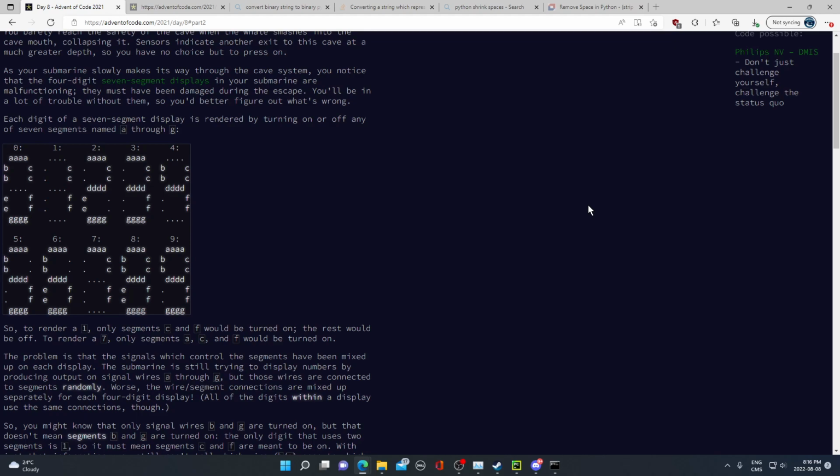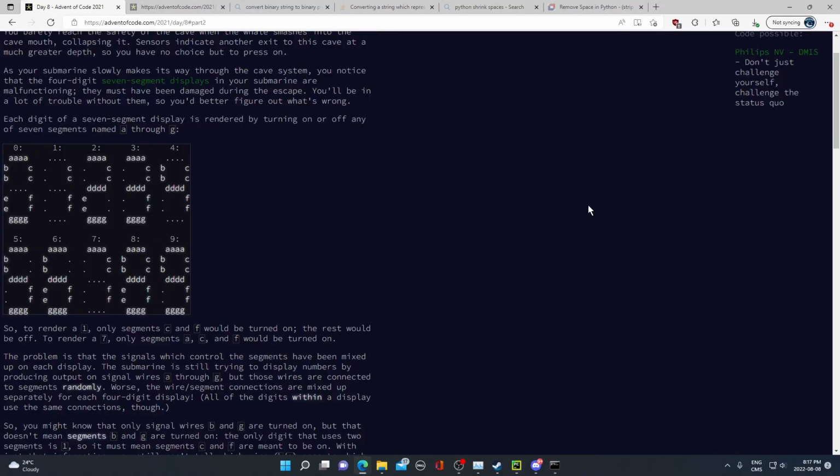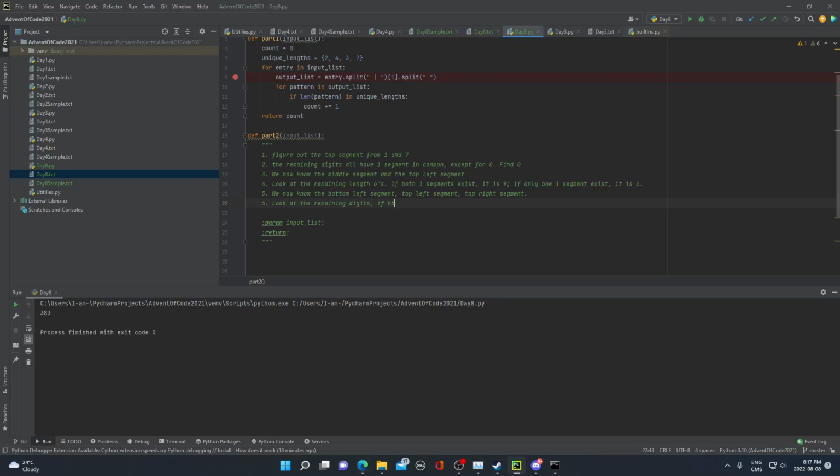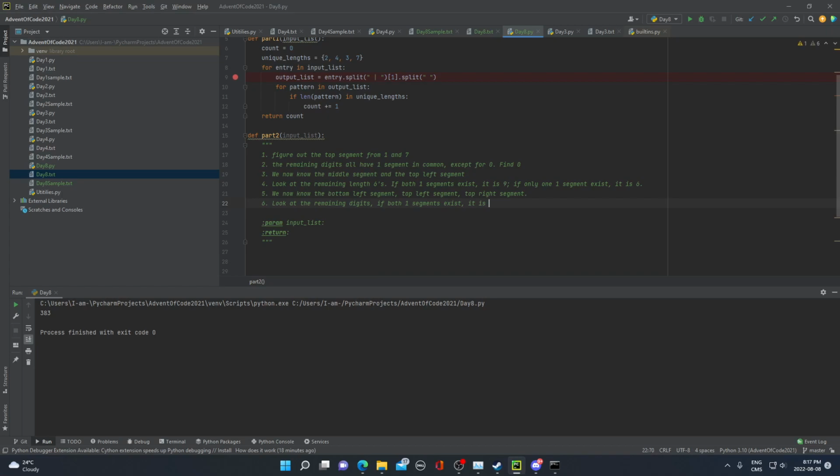Oh, this might be difficult. Look at the remaining digits. If both segments exist, it is 3.